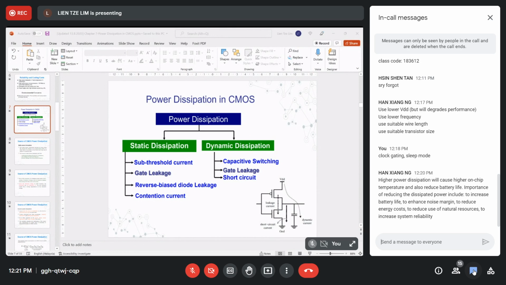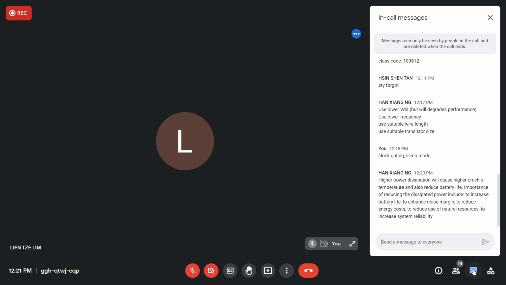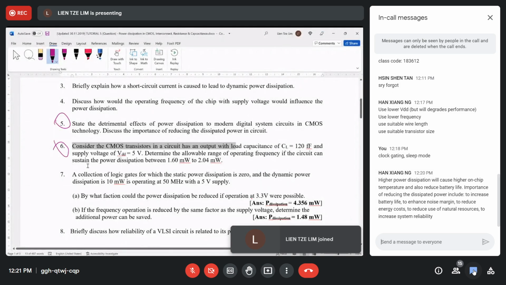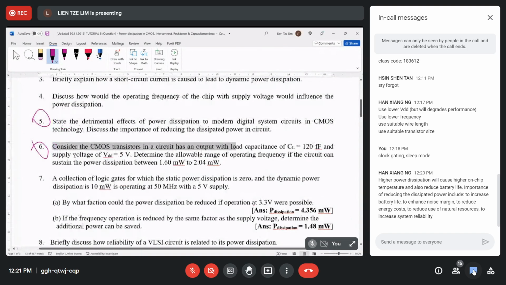Now I go to question 6. Consider the CMOS transistor in a circuit has an output with load capacitance of CL equal to 120 femtofarad and supply voltage of 5 volt.